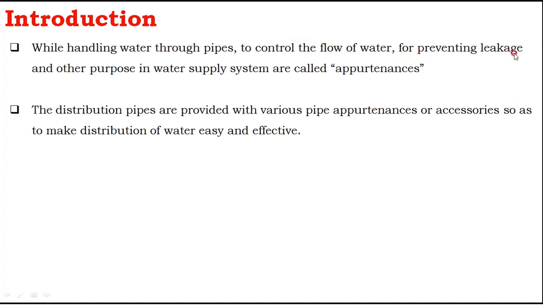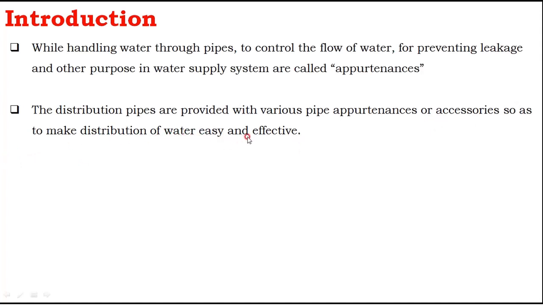For preventing leakage, there will be some leakages in joints, in bends, in twists, and for other purposes in a water supply system, we will use some apparatus, some accessories. They are called appurtenances.